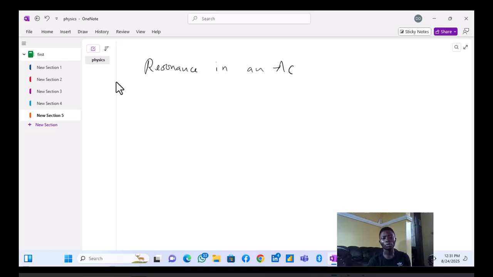So I'm just going to give a very grand principle that in an AC circuit, resonance occurs, let me just quickly write that out, when the value of our XL equals the value of our XC. So this is the condition for resonance to occur. Once we have this condition satisfied, we can say that resonance is occurring at that moment.